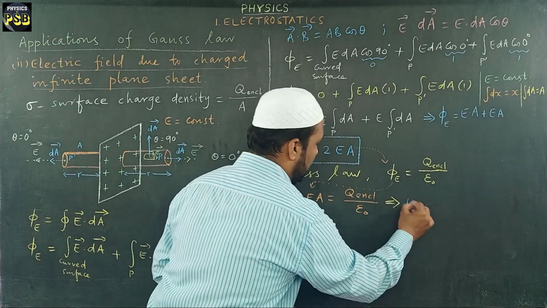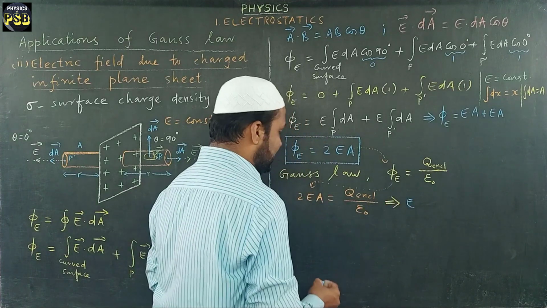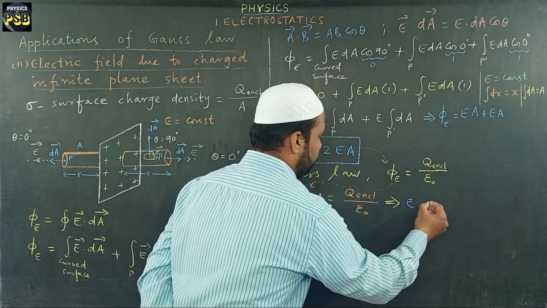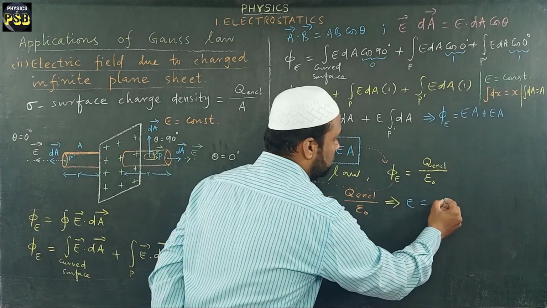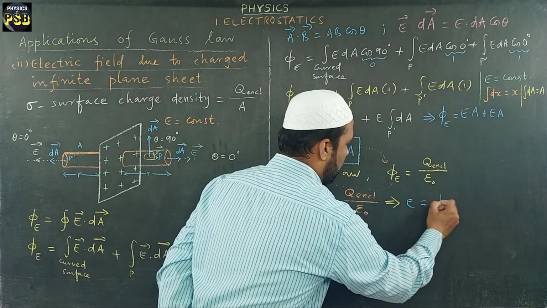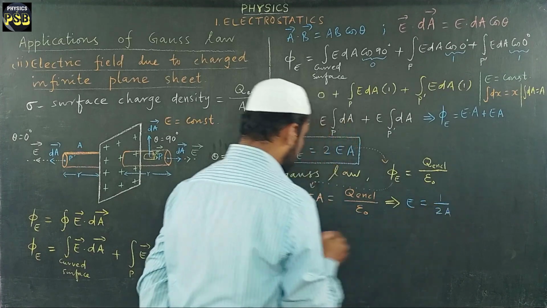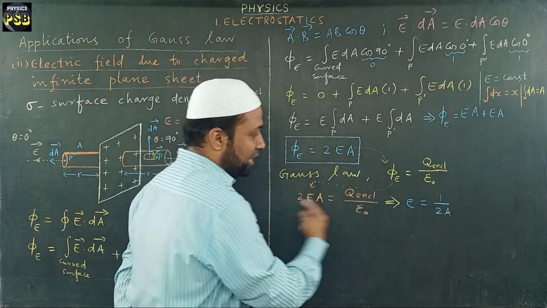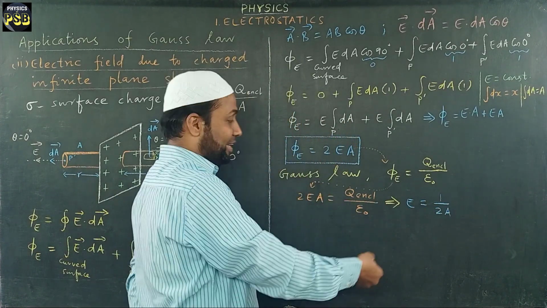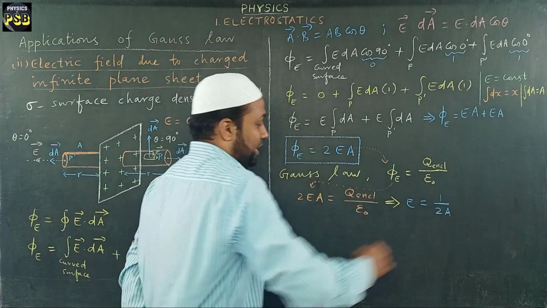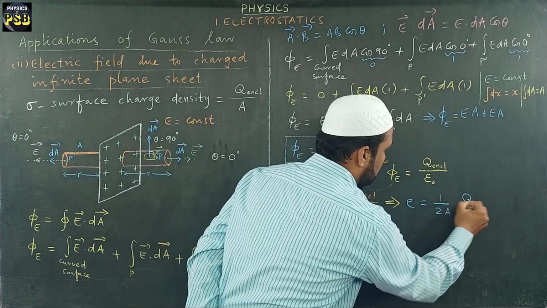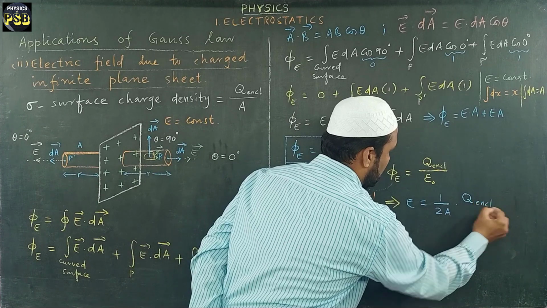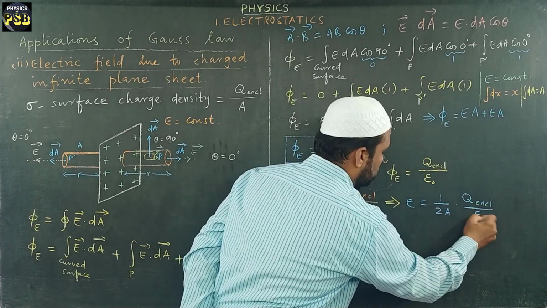I keep E on this side and the remaining terms on that side. So E equals 1 by 2A, since 2A is multiplying and goes to the denominator, times enclosed charge divided by epsilon naught.